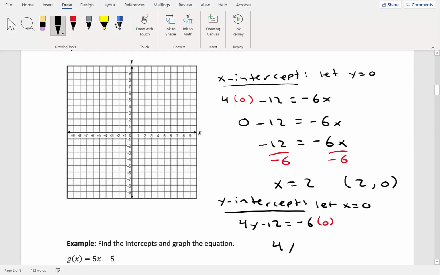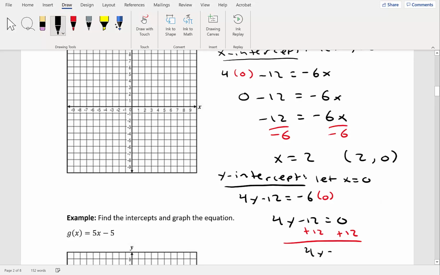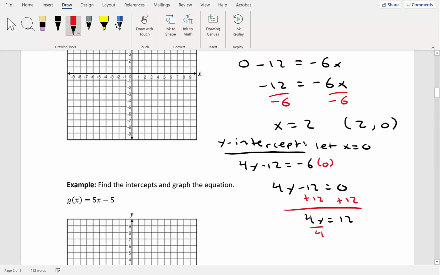We get 4y minus 12 is equal to 0, and now solve for y. Let's add 12 to both sides. We get 4y is equal to 12. Then divide both sides by 4 to get y by itself. We get y is equal to 3. So our ordered pair here would be (0, 3).